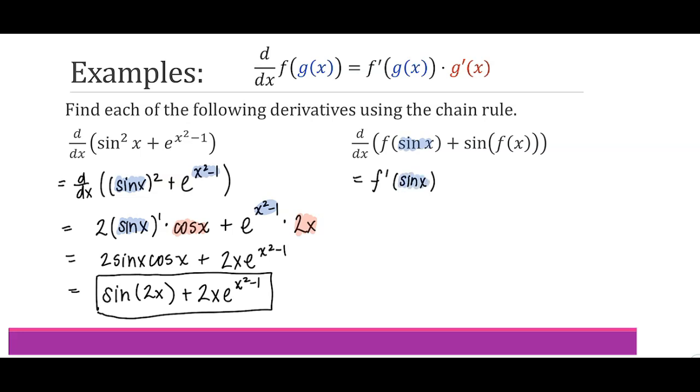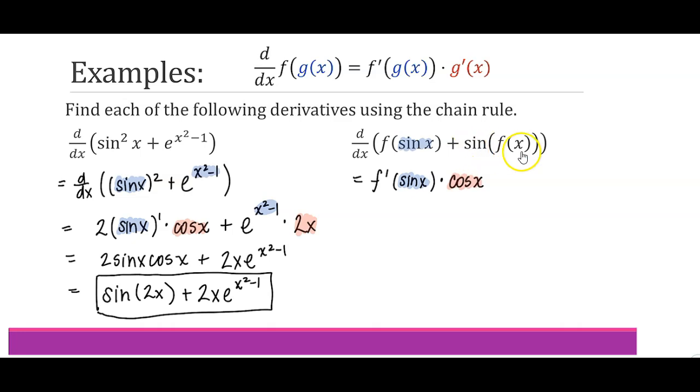So we have f prime of sine of x times the derivative of the inside, the derivative of sine, which as we said earlier was cosine x. So I have f prime of sine of x times cosine x: the derivative of the outside, leave the inside the same, times the derivative of the inside.